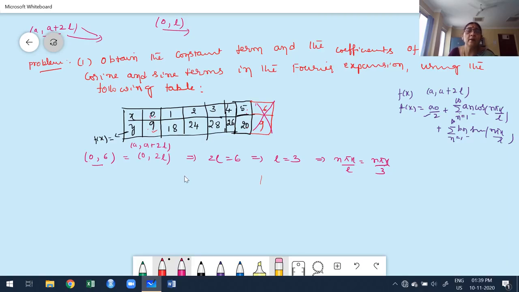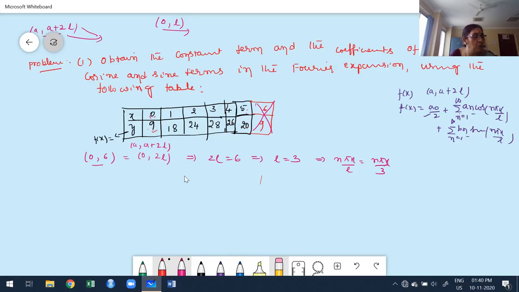After that, do not consider the repeated value more than once. What is my next step? After you neglect that, I have to write the values, as given here very clearly.